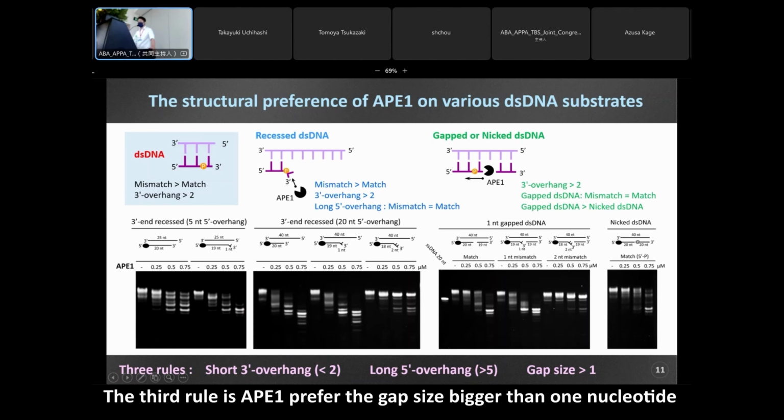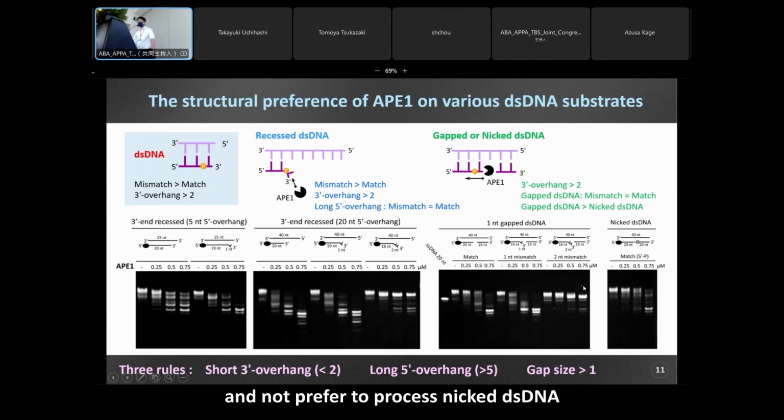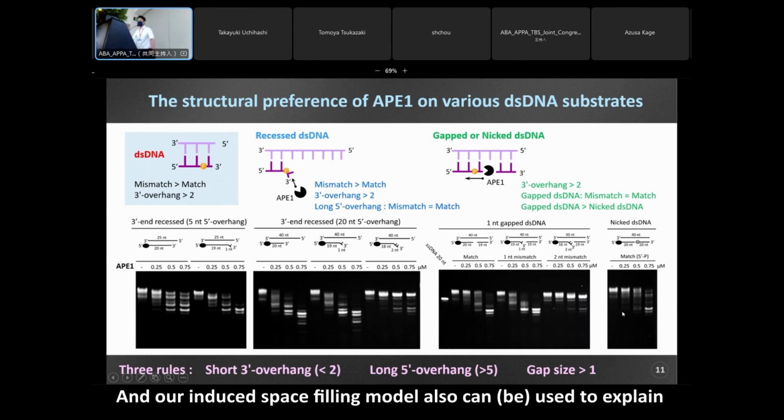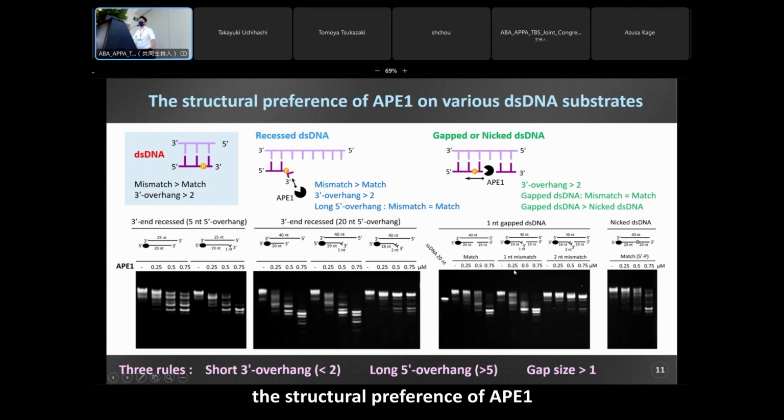And the third rule is APE1 prefers a gap size bigger than 1 nucleotide and does not prefer to process nicked double-strand DNA. And our induced space-filling model can also be used to explain the structural preference of APE1.